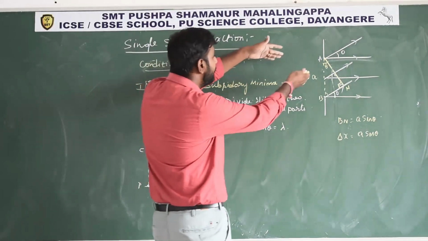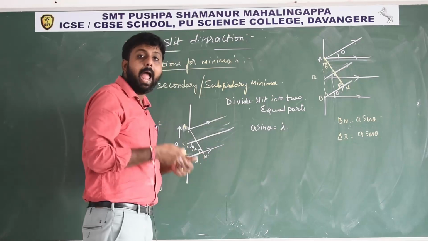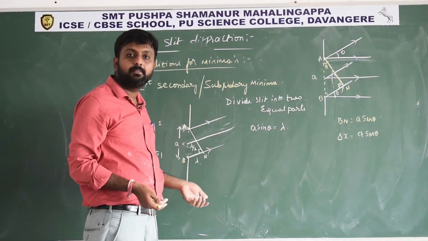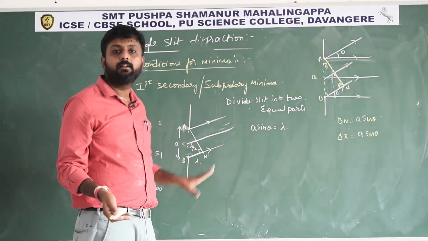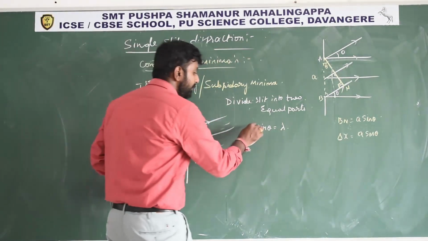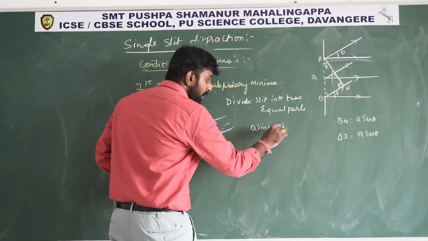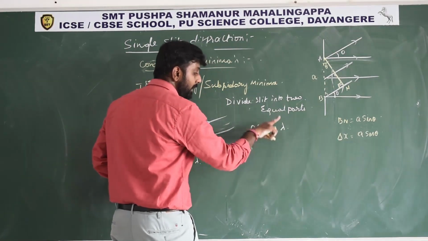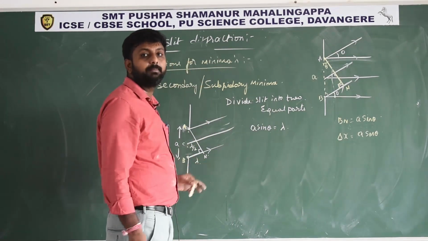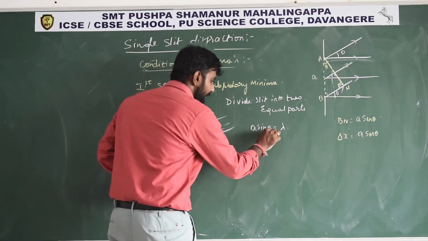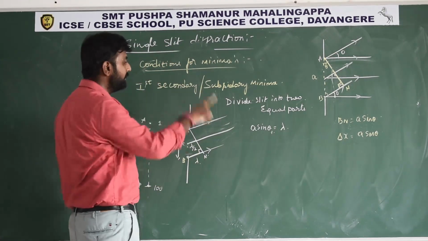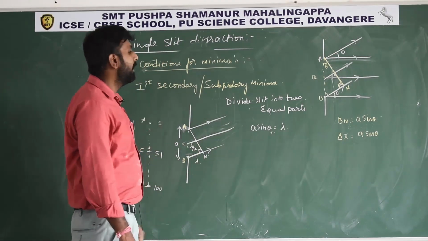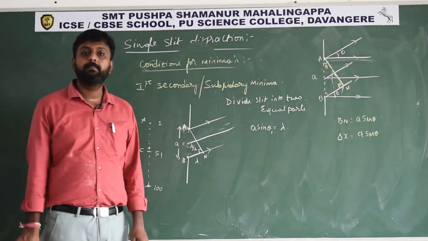These two waves will meet at P with the path difference lambda by 2. Definitely there will be a dark fringe. That means for a dark fringe, a sin theta equals lambda. This is for the first secondary or subsidiary minima.